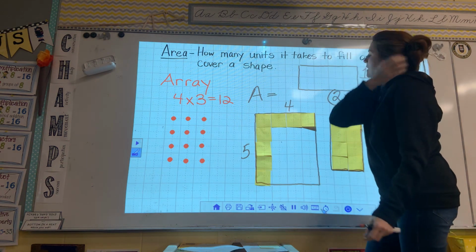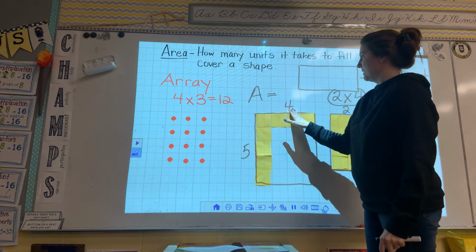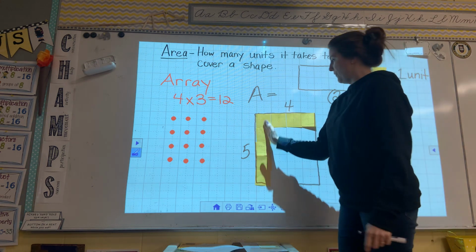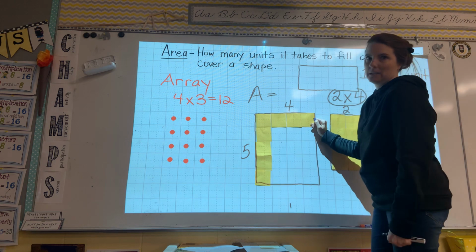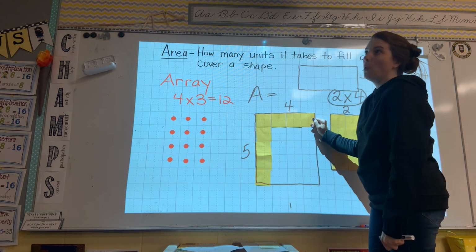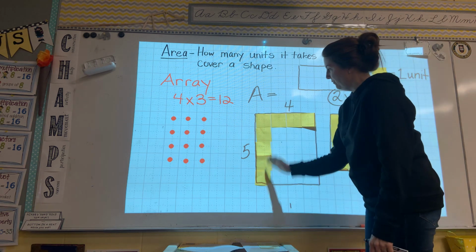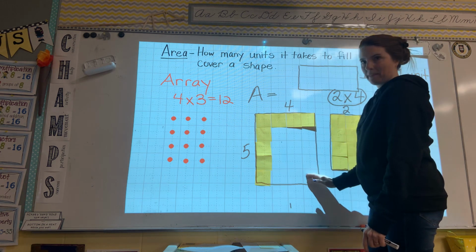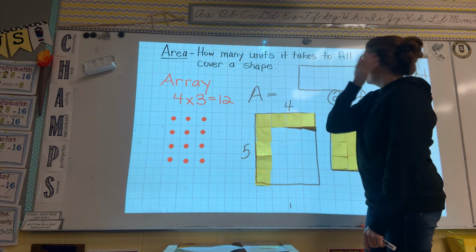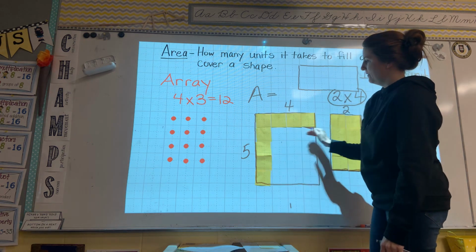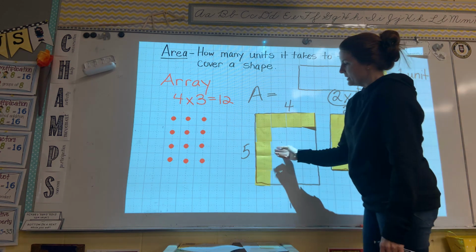No. So we know that it's not adding these, because I only did 5 once and I did 4 once. I need to do 5 4 times, because I want to fill in all the rest of these. Or I would need to do 4 5 times. Okay? So that's why we can't add it.